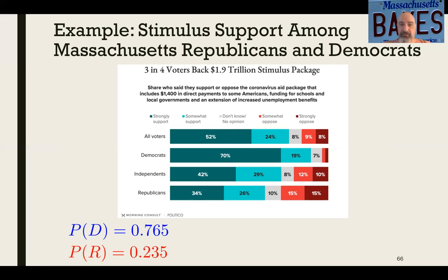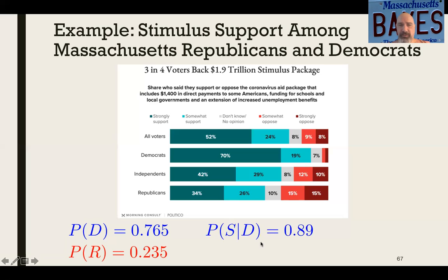If we think that Republicans and Democrats alike are going to be more supportive of the COVID bill in Massachusetts than elsewhere, you could adjust it a little bit upwards, or we can represent our uncertainty probabilistically. We're not going to do that here. We're just going to take this information as given.